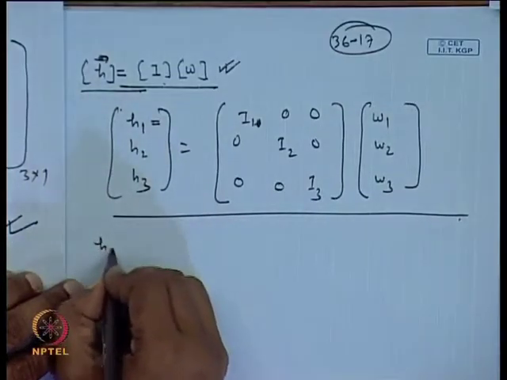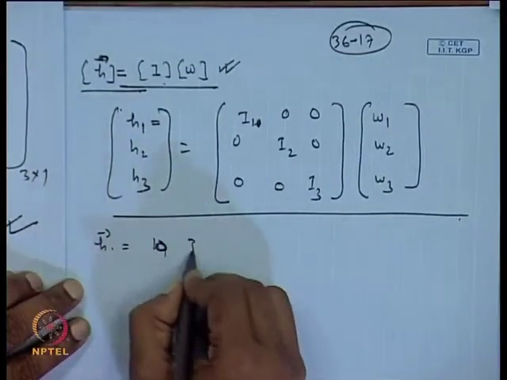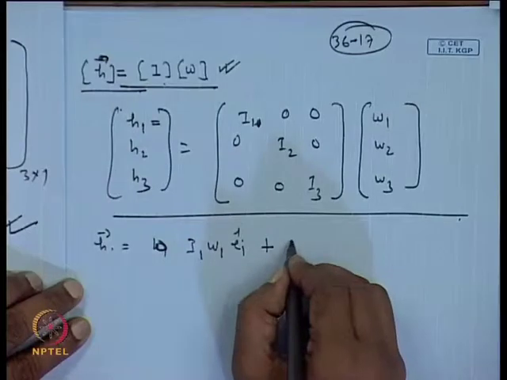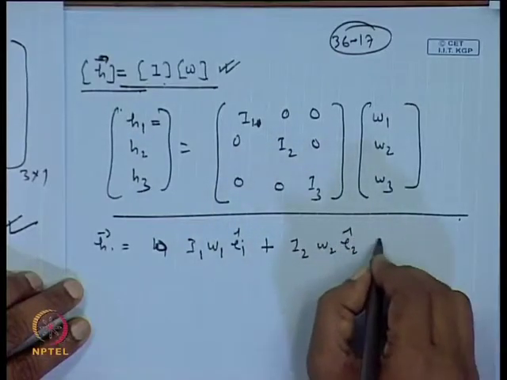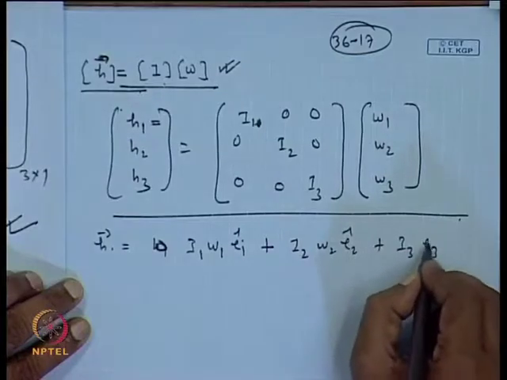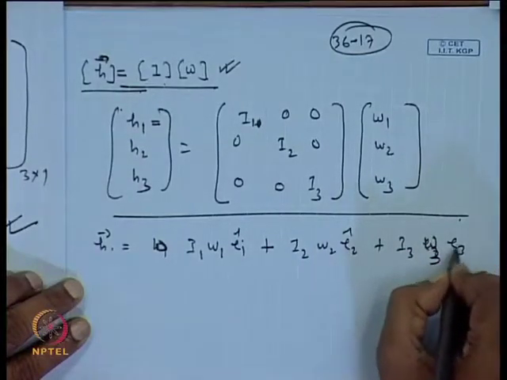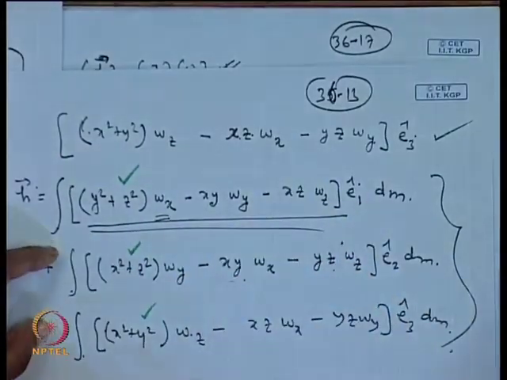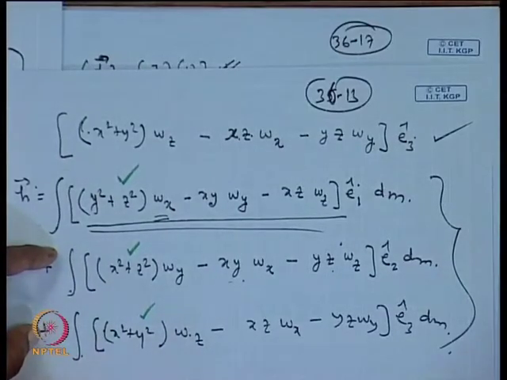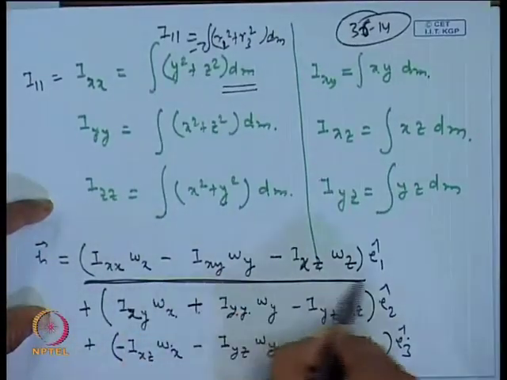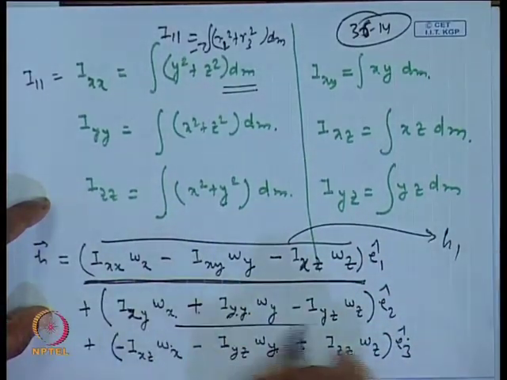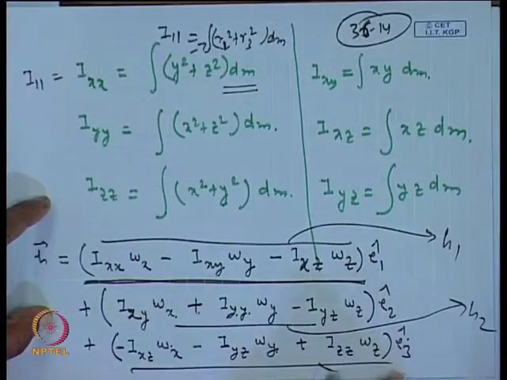So, you can see that the H vector you can write as I 1 times omega 1 E 1 cap, plus I 2 times omega 2 E 2 cap, plus I 3 times omega 3 E 3 cap. This is your H 1 term, this term is your H 2 term, and this term is your H 3 term.